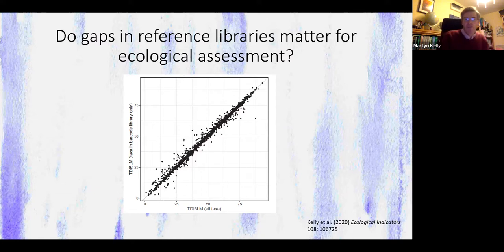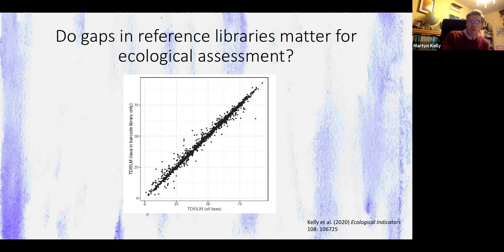On the x-axis, we've got the latest iteration of the TDI, TDI5, calculated with all the taxa that we identified using light microscopy. On the y-axis, again, we've got light microscopy data and the latest version of the TDI, but this time just using the taxa that are represented in our barcode library.